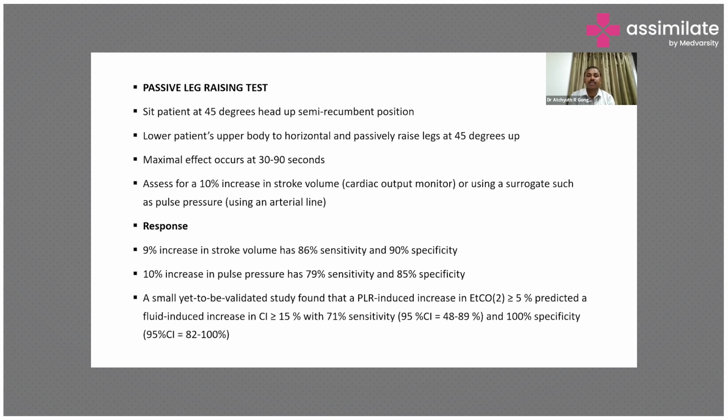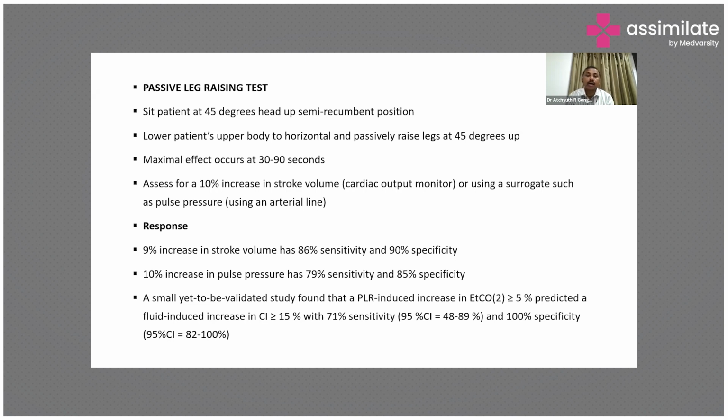Or you can use a surrogate such as pulse pressure if we are using just an arterial line and not a cardiac output monitor. This change would give you an indication that your patient would respond to additional fluid you are going to give. And the response, how do you see? If the stroke volume 9% increase, 86% sensitivity and 90% specificity; 10% increase in pulse pressure, 79% sensitivity and 85% specificity.